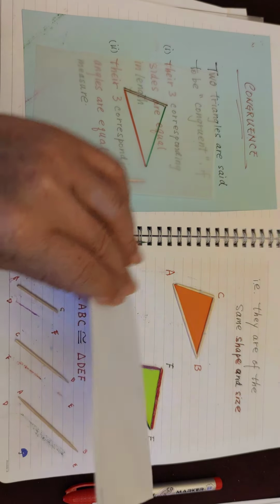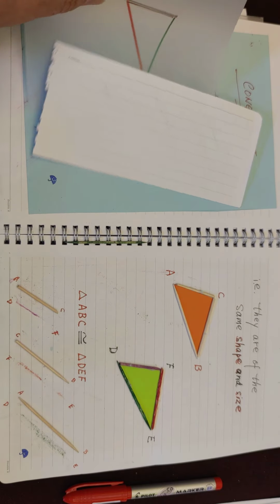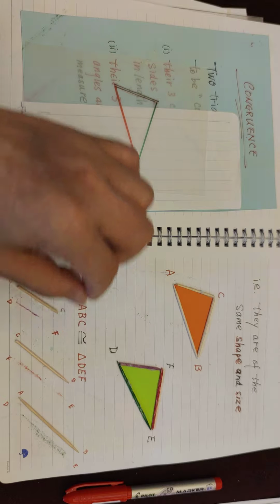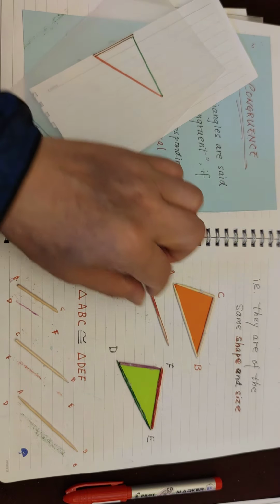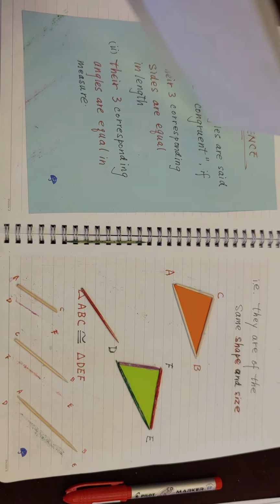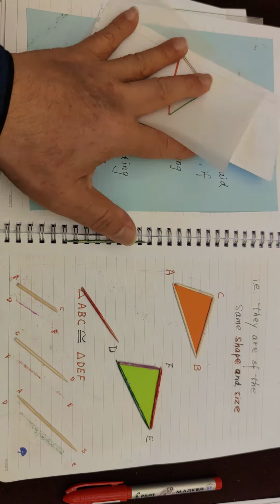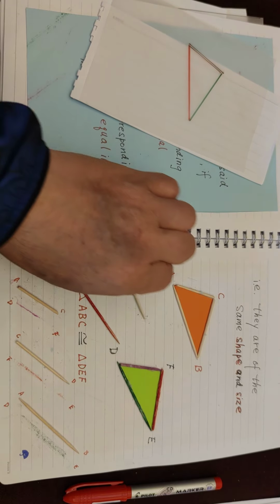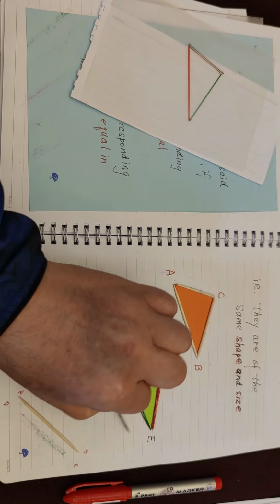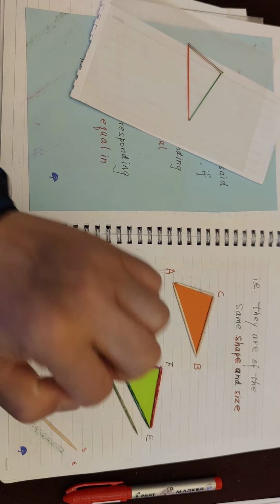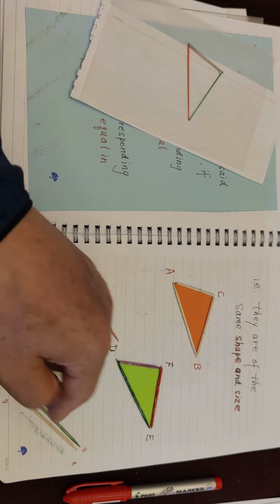You see that the corresponding sizes are exactly the same. Here, this is AB, which is equal to DE.